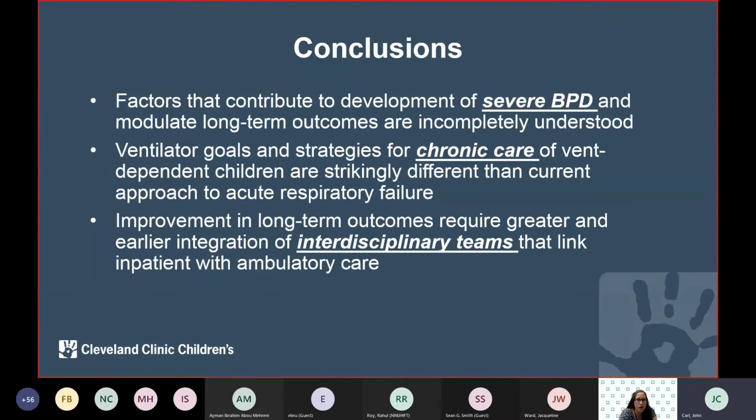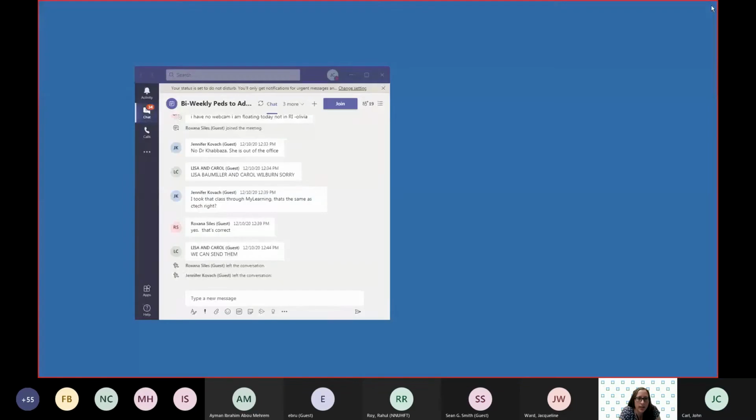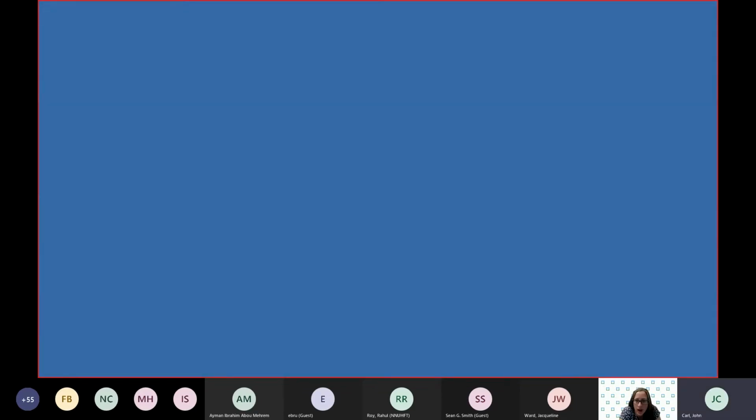Thank you, Dr. Carl, for this great overview and kind of changes in management over time in the decades, as well as over the chronological age of our patients. It was wonderful to hear from your standpoint and the trajectory that we need to go as a multidisciplinary care team for these babies.